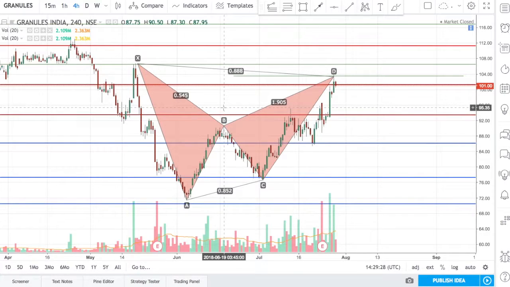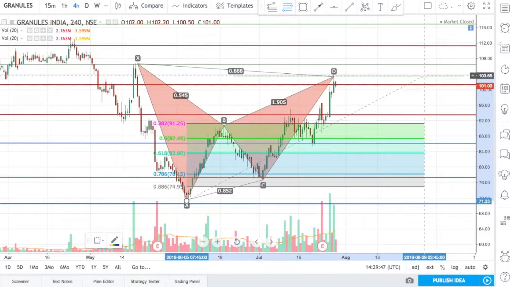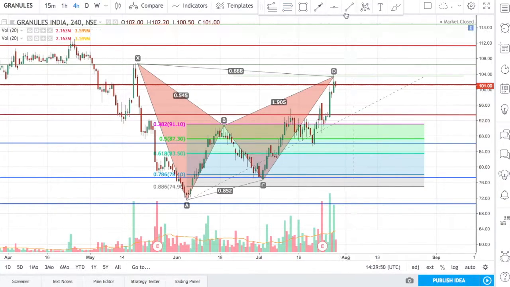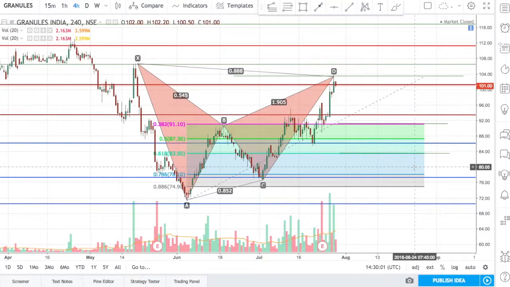So taking into consideration our pattern setup and the four supporting factors, we could pick a short trade in the next trading session with 0.382 as our first target and 0.618 as our second target.